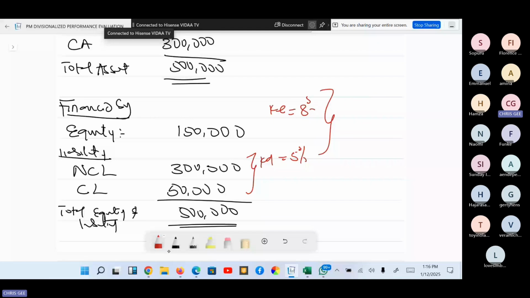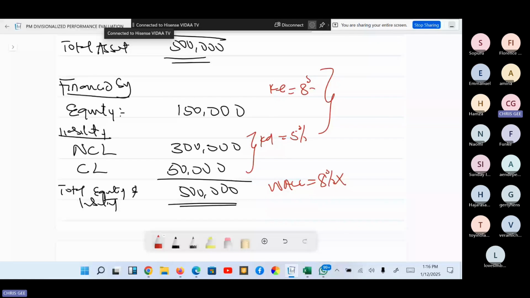If I want to calculate WACC here, this equity is the value of equity, the value in Naira that they're having with me. So I would have 8% multiplied by, what is the value of equity? Look at the value now. The amount, 150,000, right? So 150,000 divided by what? VO. What is the value of the organization? 500. It's just proportional. We are weighting them. So this is 500.